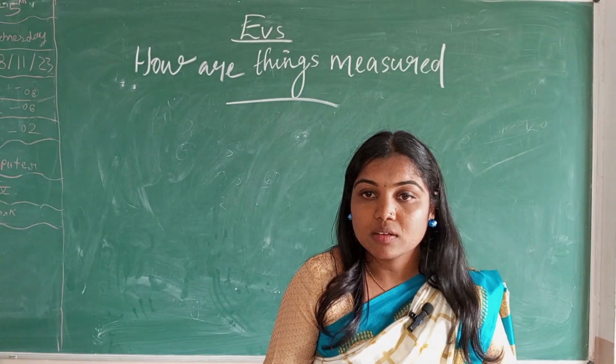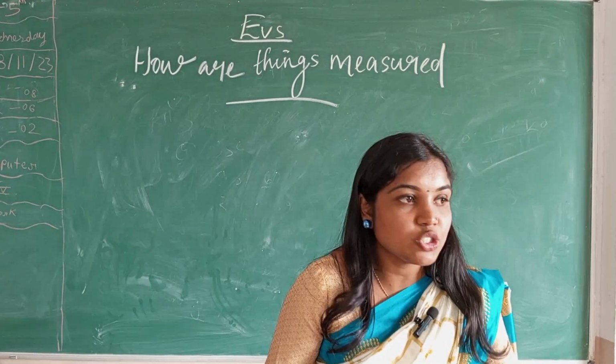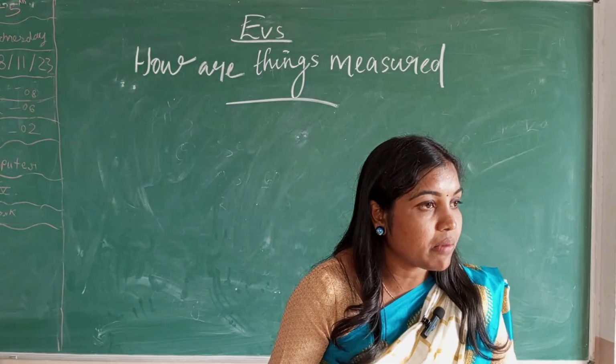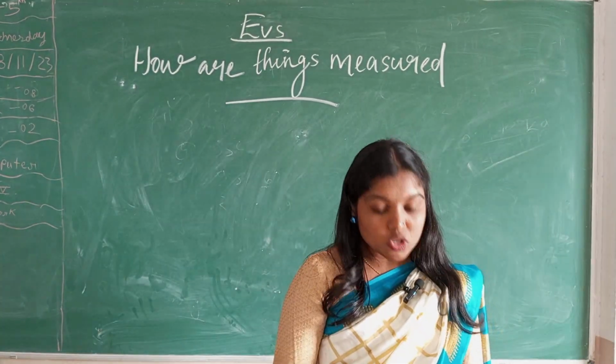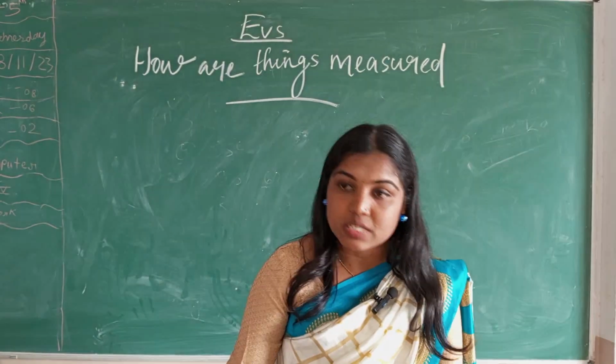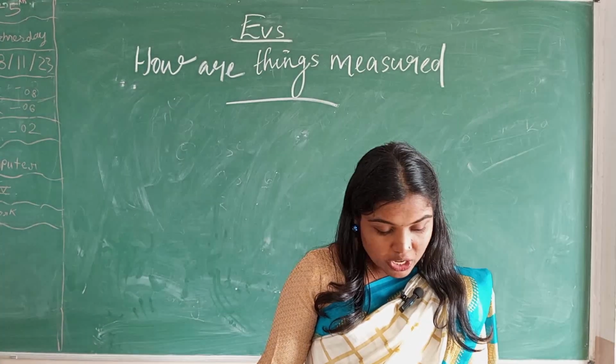Ma'am, tailor will take the measure of our body and according to that measurement, he or she will stitch our clothes. So length of a cloth, height, weight of an object, volume of a liquid, time and temperature.